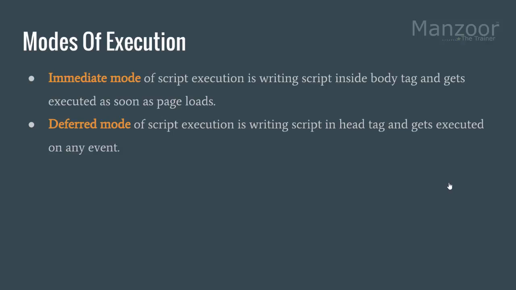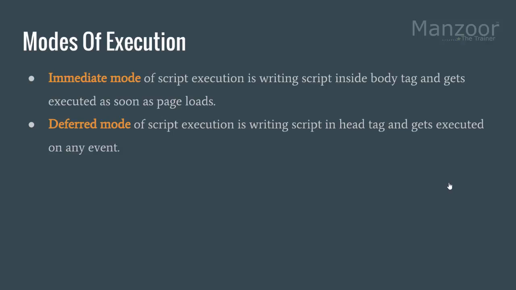It gets executed whenever we perform some action or some event. So here we have two types of execution mode. First is immediate mode of execution. Whatever we have seen till now was immediate mode of execution. We have been looking at sample codes and we saw that whenever the page gets loaded, the script was getting executed.